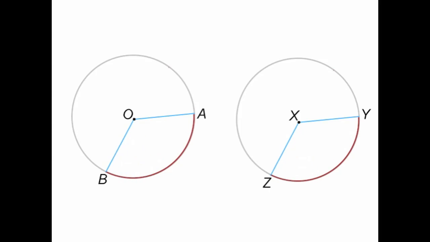This example shows congruent circles O and X, with two congruent angles, angle AOB and angle ZXY, both measuring 120 degrees. Arc AB and arc ZY are therefore congruent.